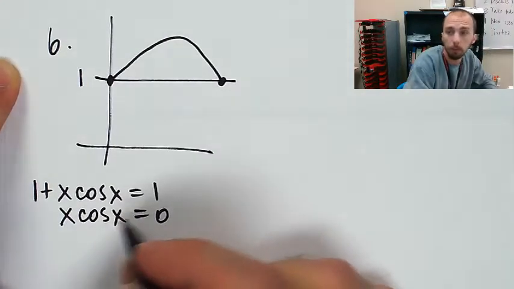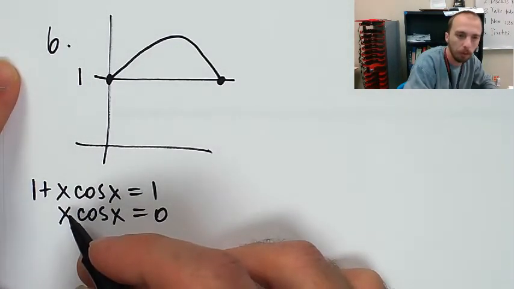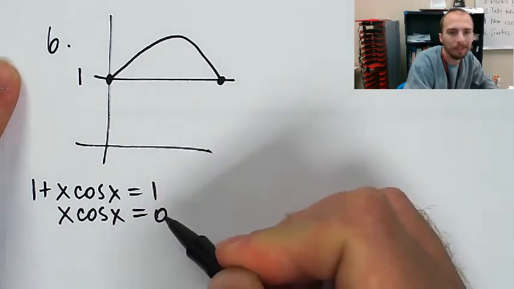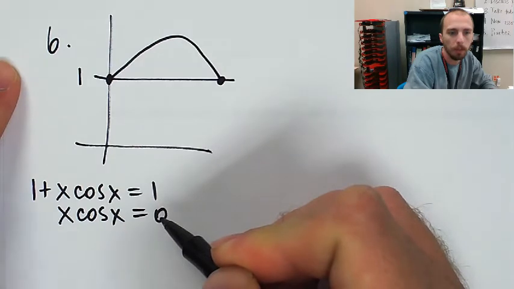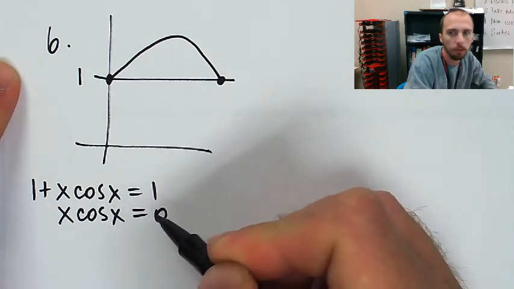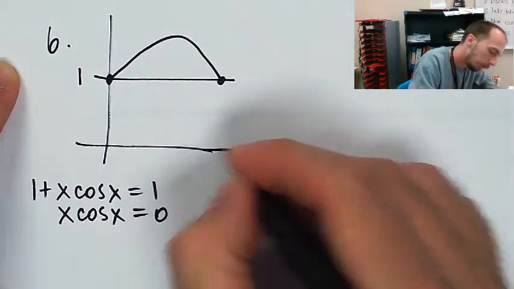And that means if these two things are multiplied together to equal 0, either x is going to equal 0, okay, well that's this one, or cosine x needs to equal 0. And that would be at x equals pi over 2 and 3 pi over 2. Okay, well this is probably going to be just the regular pi over 2.